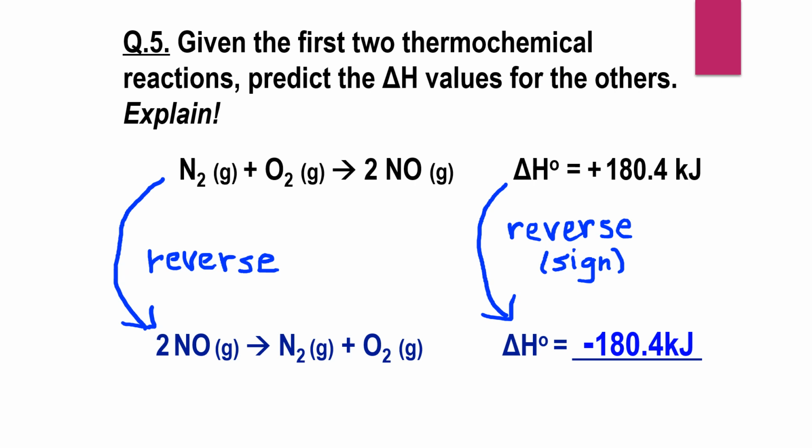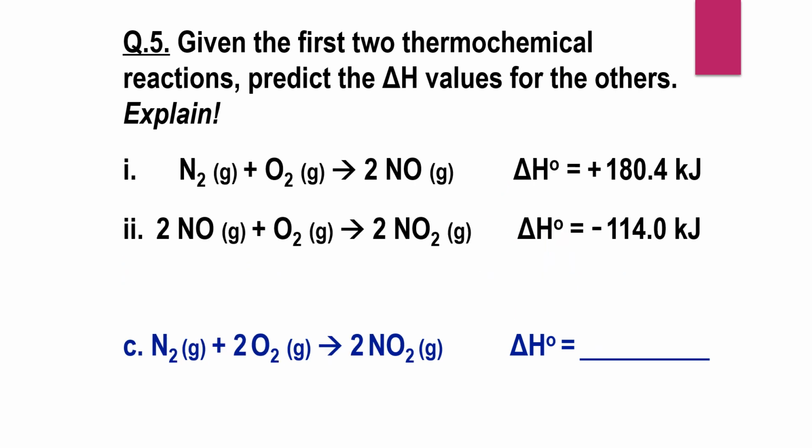Let's try one more. So now we know the relationships between these reactants and products can be multiplied, can be reversed. What else can we do? We can also subtract and add, just like a math equation. For example, the same two thermochemical equations are given right here, and now we are looking for this third chemical equation right here.